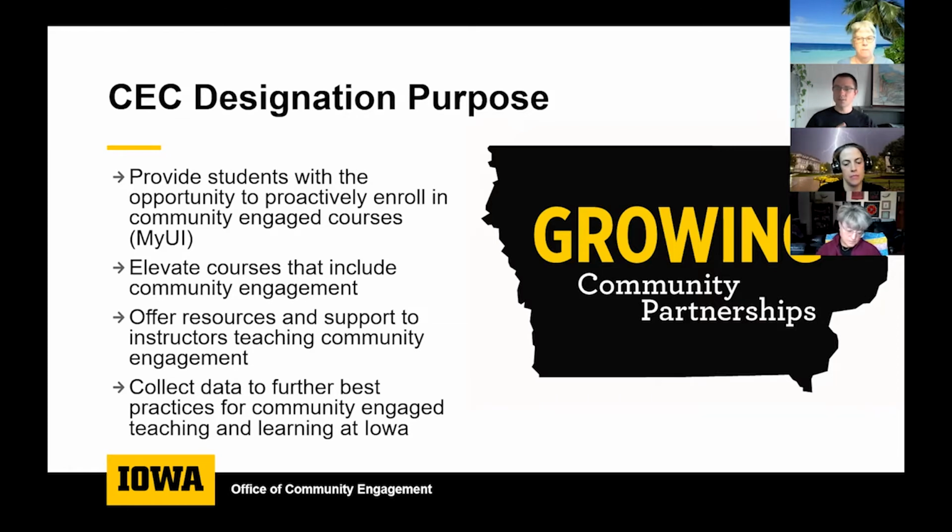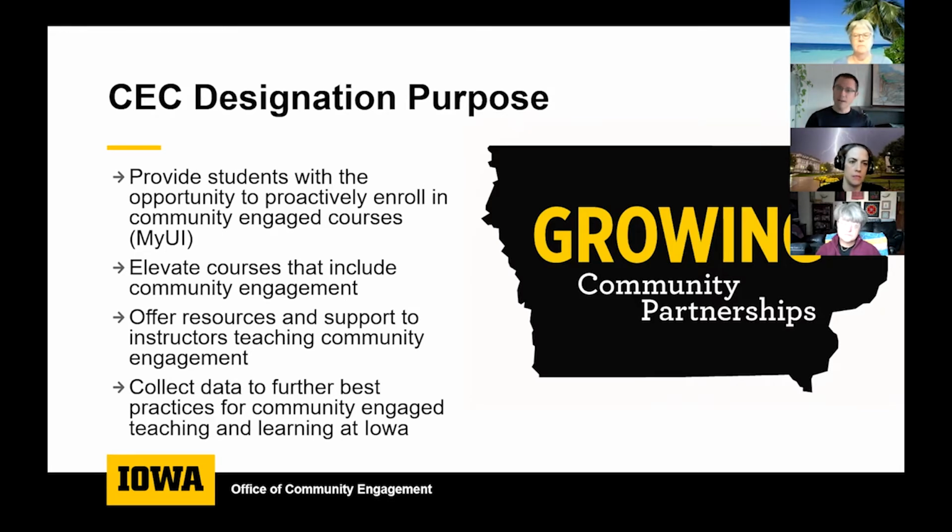There are many reasons why we decided to move forward with this designation. I would say probably the biggest one is that this is really the first time students will have the opportunity to proactively enroll in a course that is community engaged.